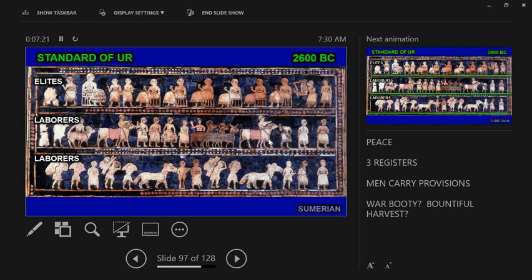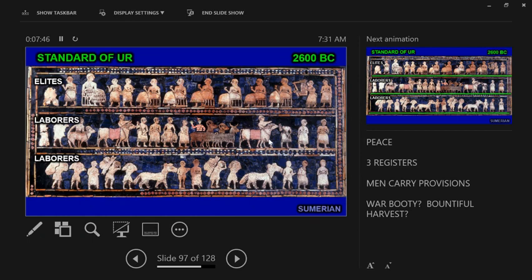Now we have three different registers. We're on the side of peace now. There are three different registers right here, here, and here. In the bottom section, these are the laborers. You can see people carrying things on their back. We see beasts of burden that are being led. And then over here, we have some more laborers.